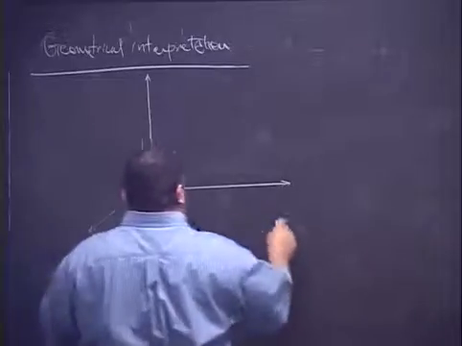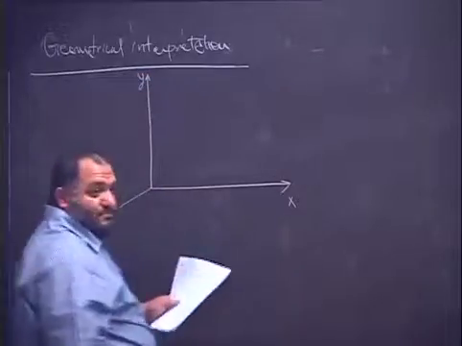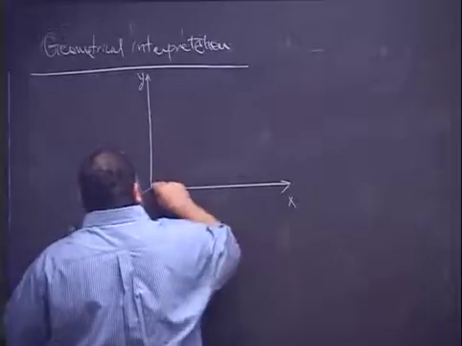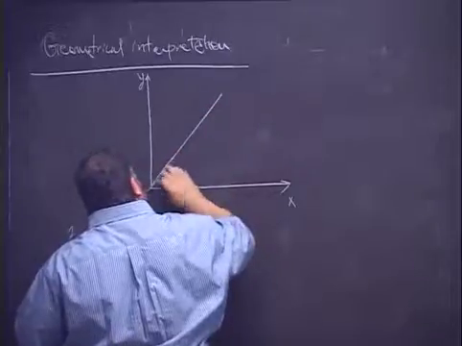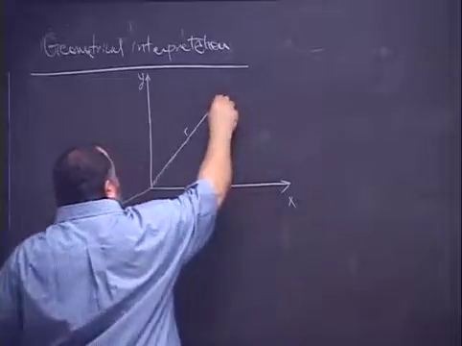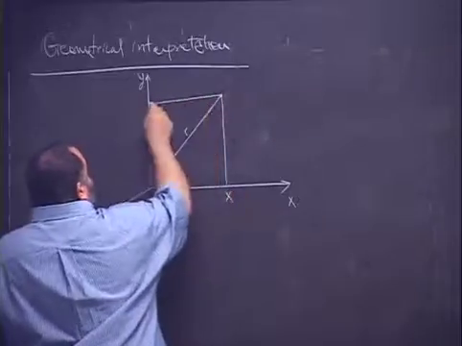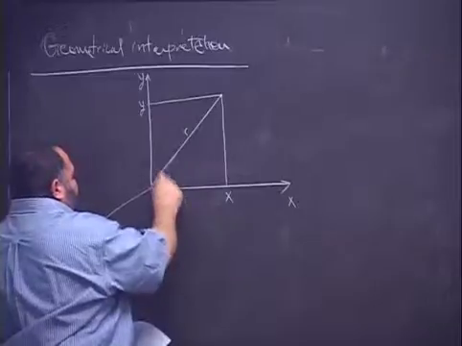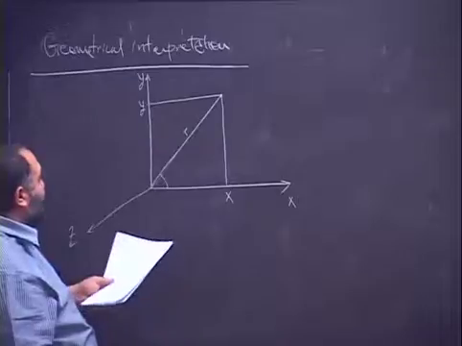So this is x, this is y, this is z. Now we have a vector r, and this is the point here. It has an x component and a y component, and it has a certain angle here. We'll see what this angle is in a minute.